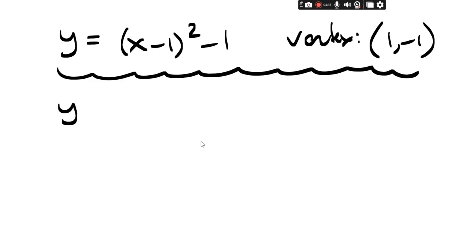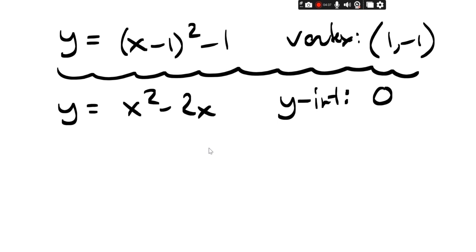All right, so back to the original graph. The original graph was like this, without the absolute values. What would be the y-intercept here? Remember, plug in a 0 for x. It's y is equal to 0. Perfect.